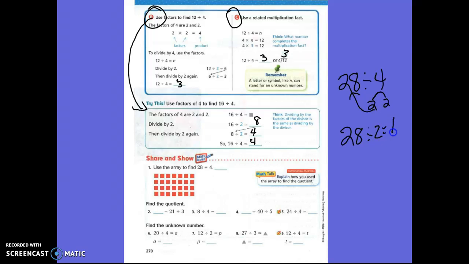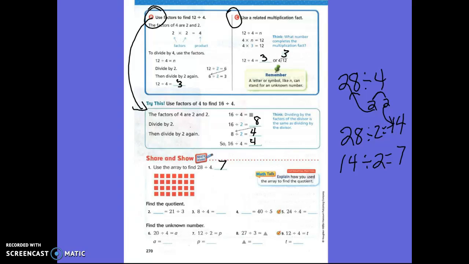You guys agree? Yes, 14. Okay, then you just do 14 divided by 2. 14 divided by 2 equals 7. So what is 28 divided by 4 equal? 7. So I guess if you find that way easy, then that's fine. You can do that way too. It wasn't as complicated as what I thought it would be.